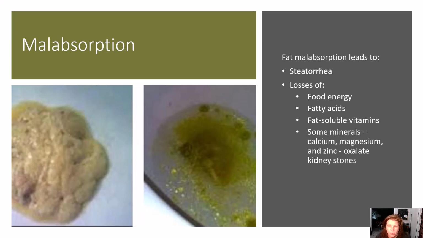Sometimes it is frothy, and it just is diarrhea, and it can happen multiple times throughout the day when someone has fat malabsorption. It's a very uncomfortable thing to have, and it causes a loss of energy because you're not absorbing fat, and fat is our biggest source of energy because it has 9 calories per gram.